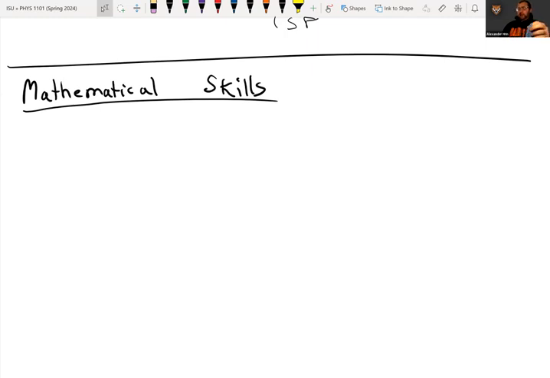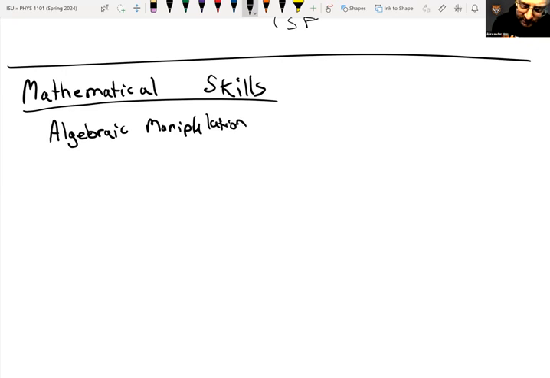If you're really unfamiliar with these skills, then we're going to have to set up office hours and go over these as you need to. But basically they fall into two categories: algebraic manipulation, and trig and geometry.